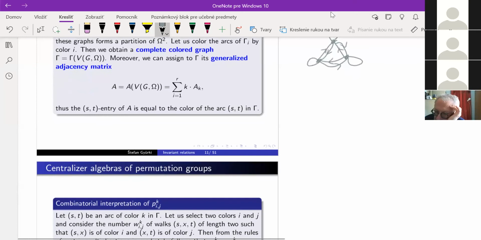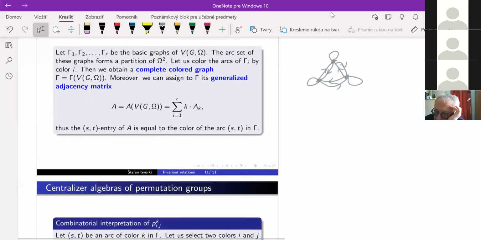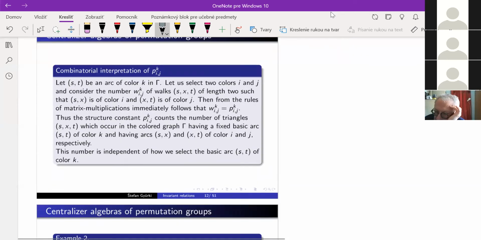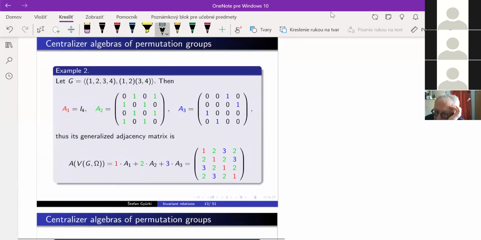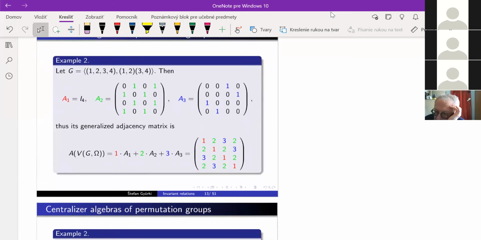In this manner, I can obtain a complete colored graph, or if I play the same game with matrices, I can obtain the so-called generalized adjacency matrix, which corresponds to the complete colored graph. I will switch to the next slide and come back, because this will be much easier to understand on examples.